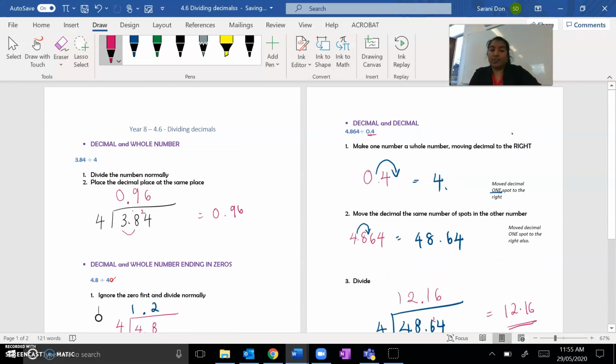So that's it. When you do the Jack Plus questions now, please make sure you have this by your side and look at the question and ask, which rule do I use? 1, 2, or 3? Are they both decimals? What do I need to do?